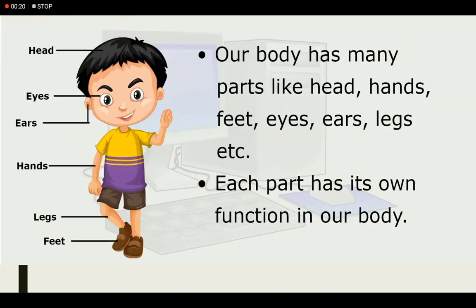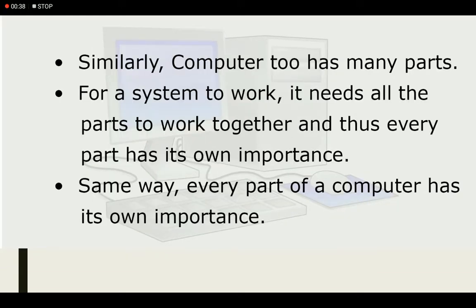So as our body has many parts like head, hands, feet, eyes, ears, legs, etc., each part has its own function in our body. So similarly, a computer too has many parts.